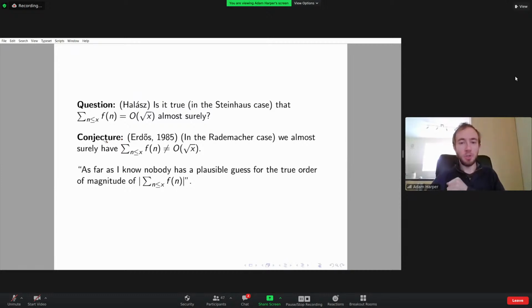On the other hand, Erdős conjectured in the Rademacher case, but again I don't think we'd expect there to be a difference, that this shouldn't be true. So he conjectured that the partial sums should not be big O of root x, almost surely. And he also said in this paper that so far as he knew, nobody had a plausible guess for the real almost sure size, the real analog of the law of the iterated logarithm in this random multiplicative setting.